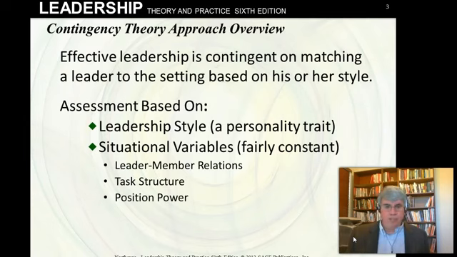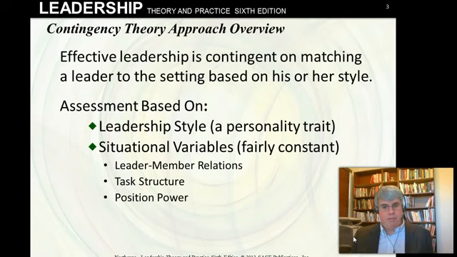And then we also have to take into consideration different situational variables, and not just the followers' level of maturity like we saw in the last model. But these situational variables, like the leadership style, are assumed to be fairly constant, not changing from one day to another, or one month to another.